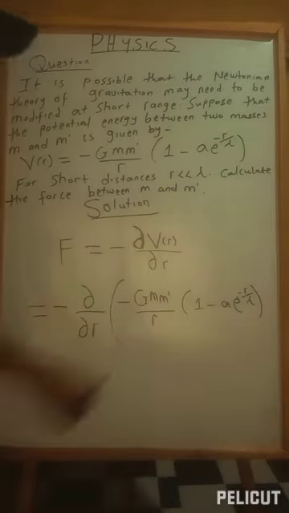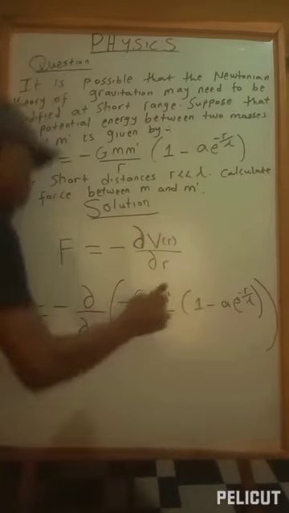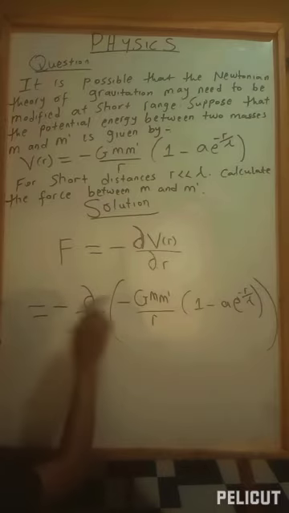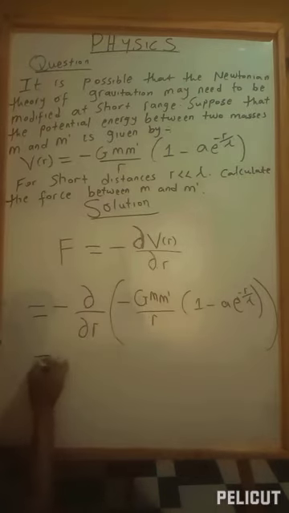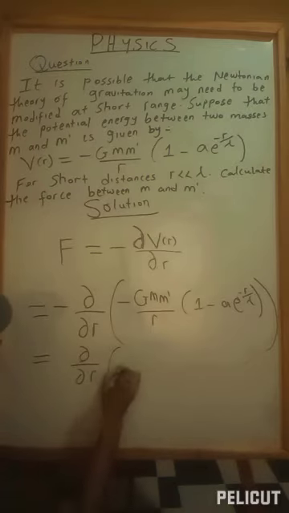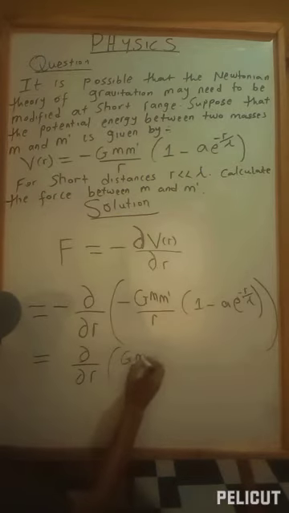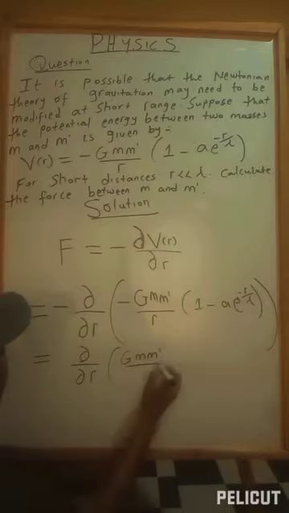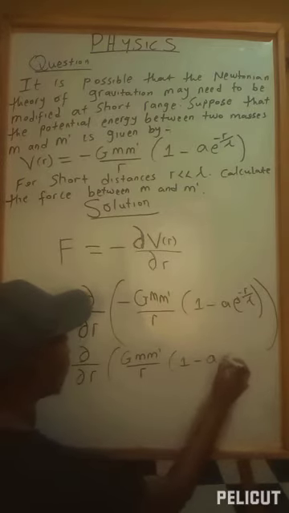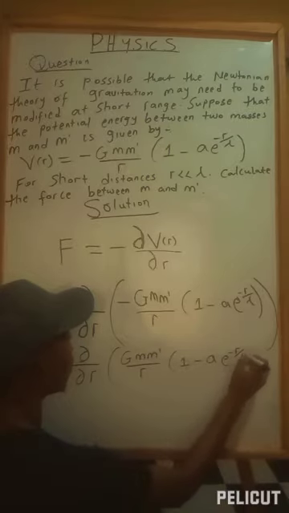The minus and minus make a plus, so definitely we can have this to be d/dr of G m m prime divided by r, times (1 minus a exponential of minus r over lambda).